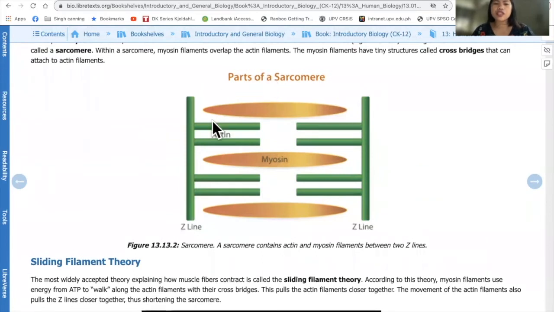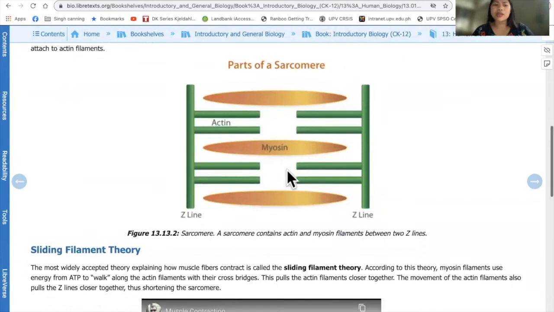So consider that this is the Z line in the muscle. It's a representation of a sarcomere that contains the actin and myosin filaments between the Z lines. So ito yung green ang ating actin and ito yung orange ang ating myosin.